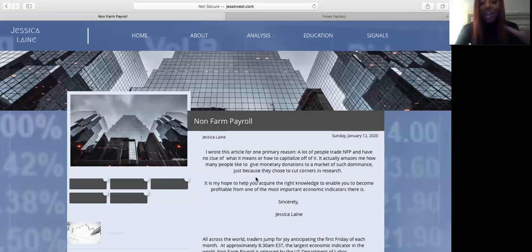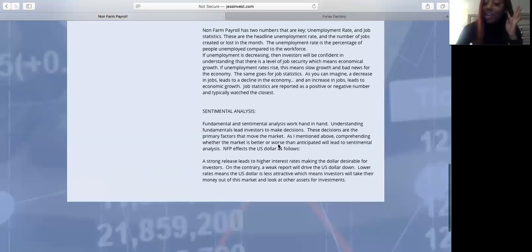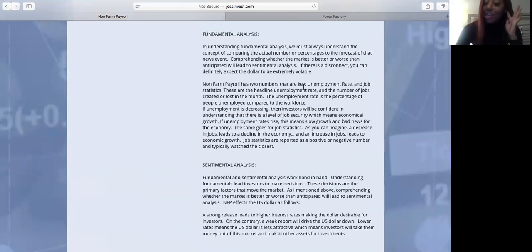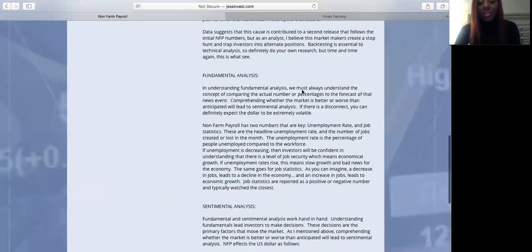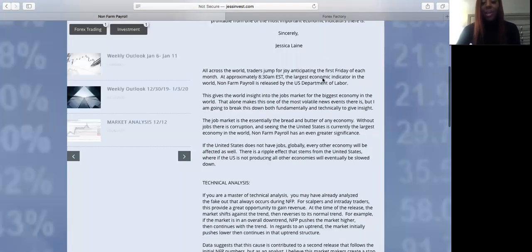Read it, and you can comment on it if you like it, please. But definitely read it, because I broke it down from three technical things. I broke it down from fundamental and sentimental, and not just broke down what NFP is. And even if you don't like reading, if you want to trade, make money, read it.